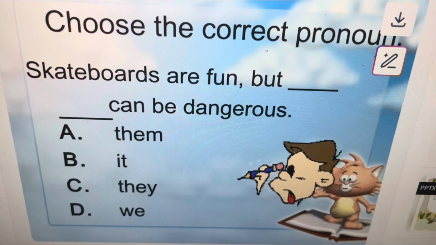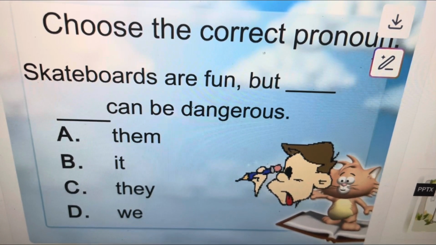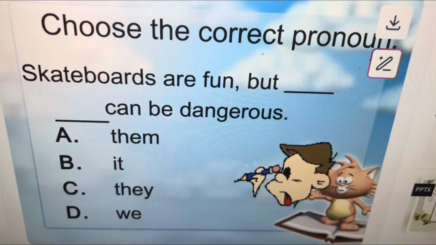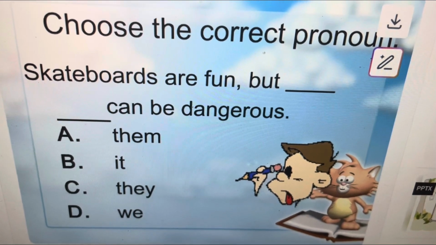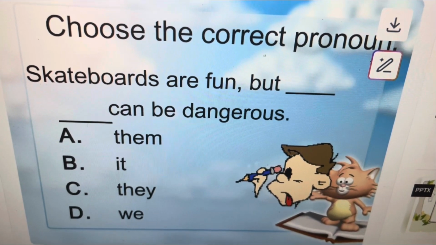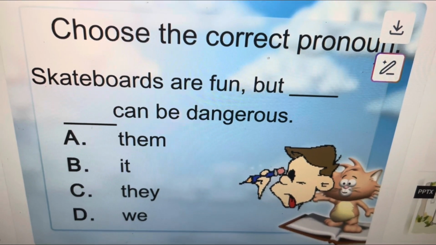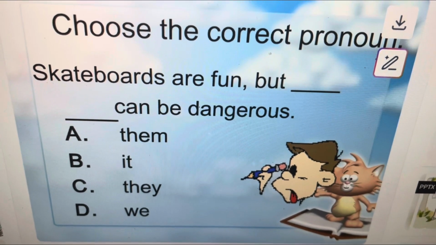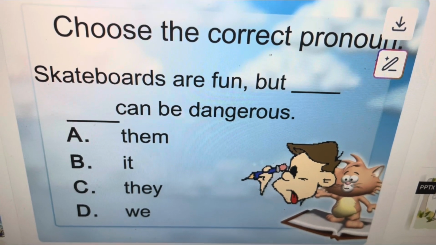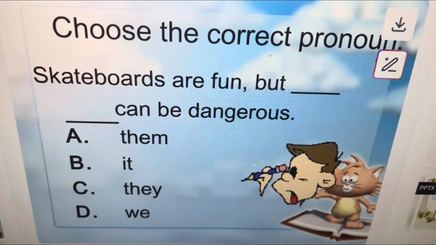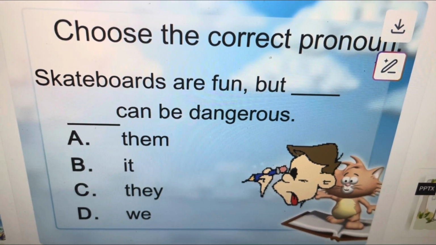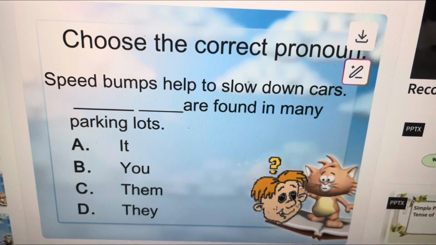So what will come here? But they can be dangerous. Here they will come, because the subject skateboards is plural, so we use they in the blank. Skateboards are fun, but they can be dangerous.